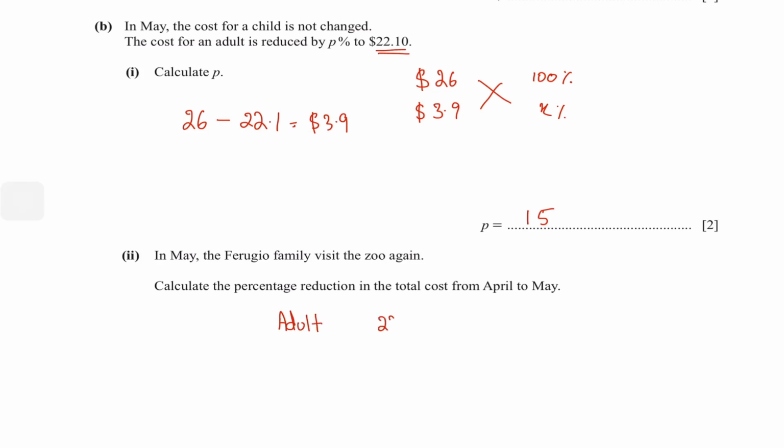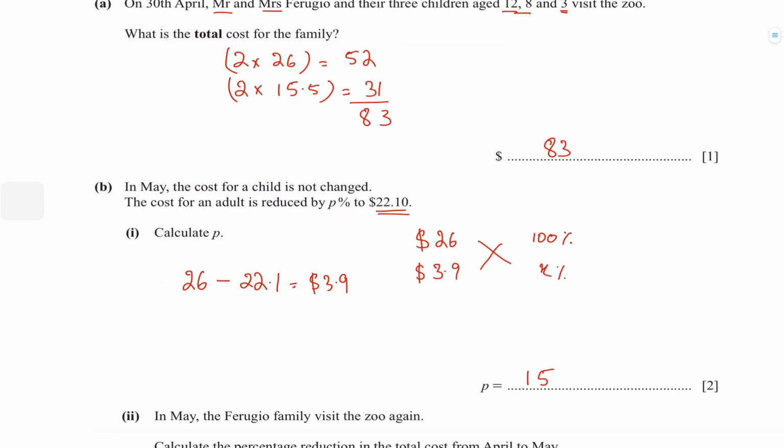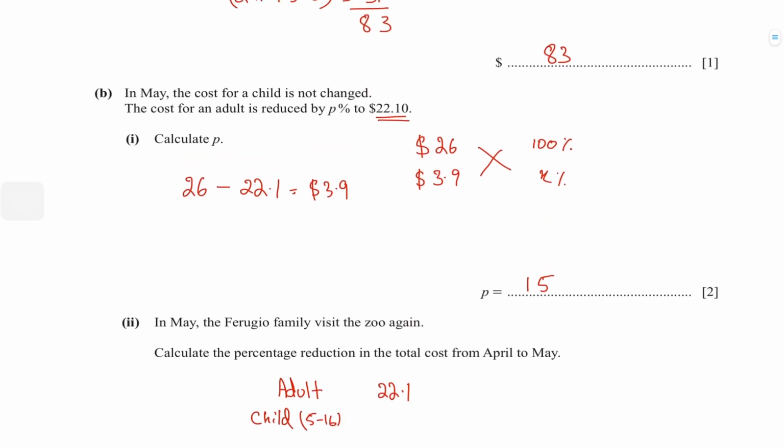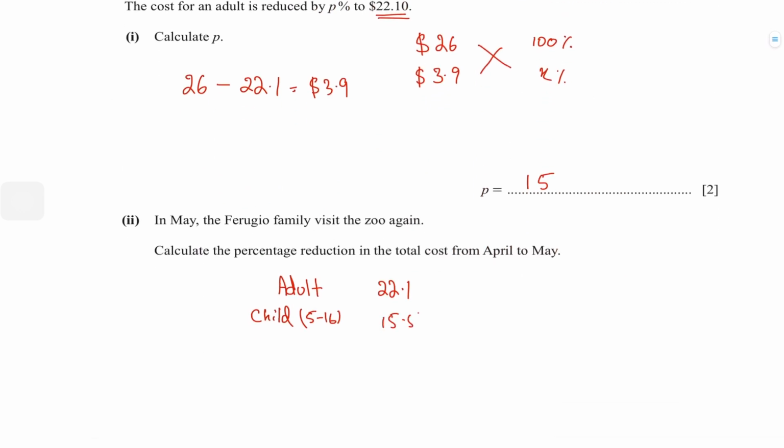The price for an adult is going to be 22.1, the price for a child, from 5 to 16, is going to be the same at 15.5, and whoever is less than 3 is going to be free of cost.